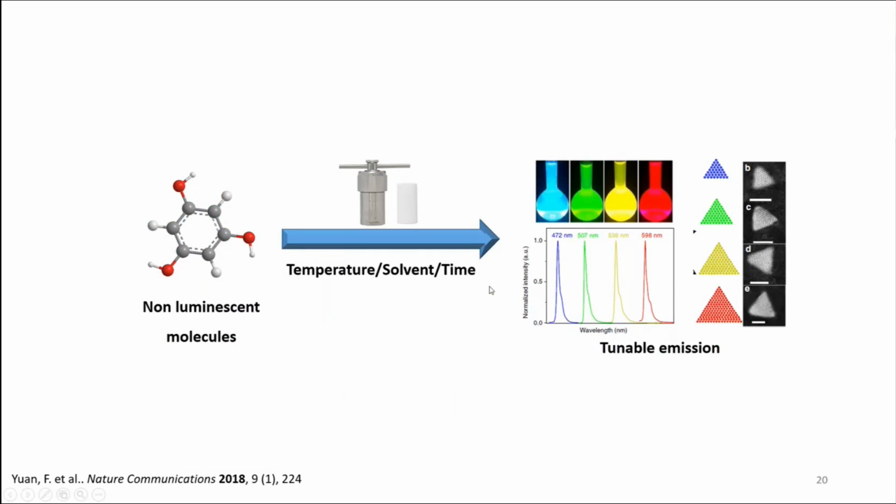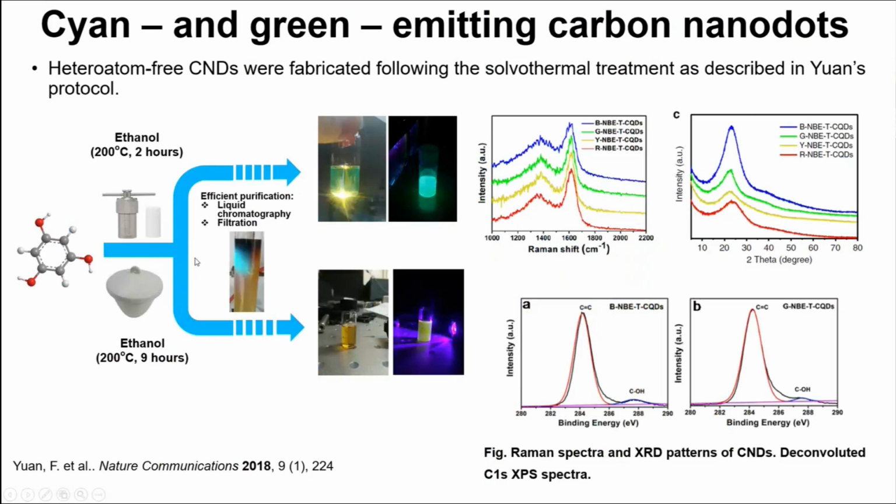So first, the temperature, solvent, and time dependence give us not only various colors of these carbon nanodots, but also, as you can see, various sizes. I liked it a lot as they have a triangular shape, which is also not a common shape for the synthesis of nanoparticles. First, heteroatom-free carbon nanodots were fabricated by solvothermal treatment in ethanol for 2 hours, and we got these cyan-like nanodots.